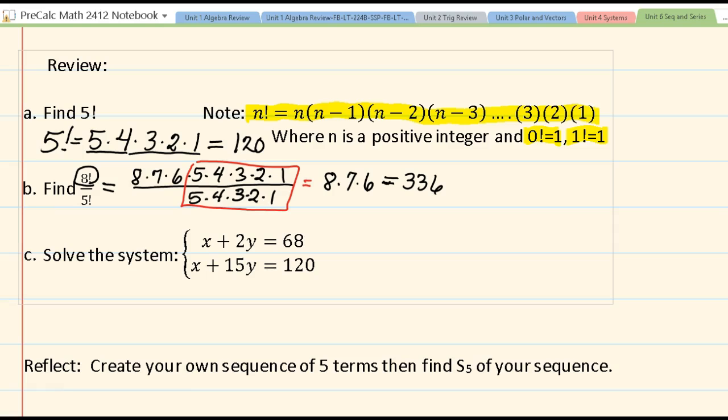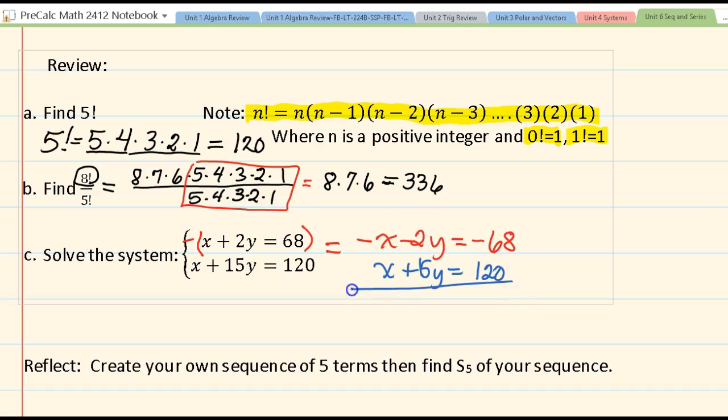I am going to use elimination and multiply the first equation by -1, and we're going to get negative x minus 2y is equal to negative 68. And we're going to add the equation x plus 15y is equal to 120.